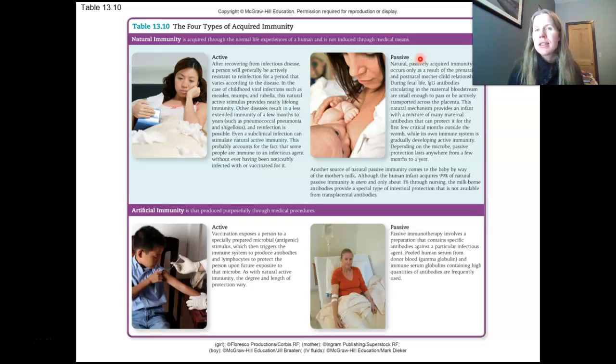The baby is protected for somewhere between a few months and a year, depending on what the antibodies are, how many antibodies mom had circulating, what disease, that kind of thing. But this is cool. It's handing off that immunity before it's actually acquired immunity. Okay.